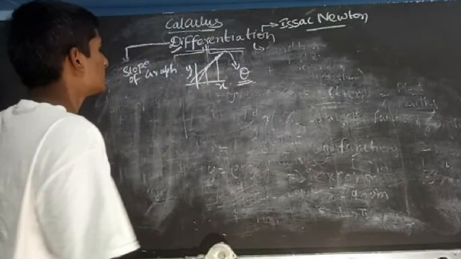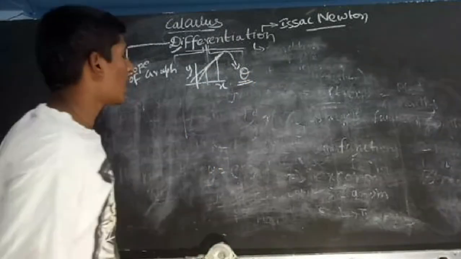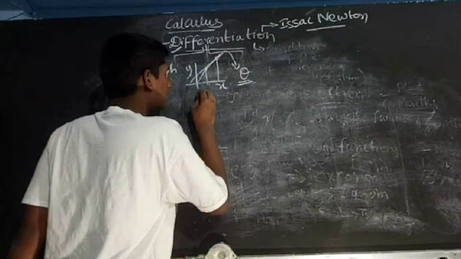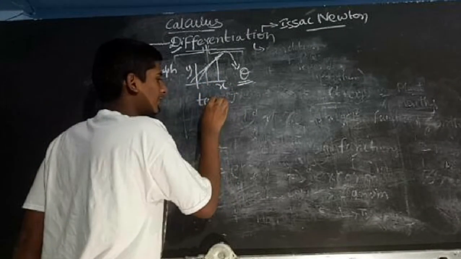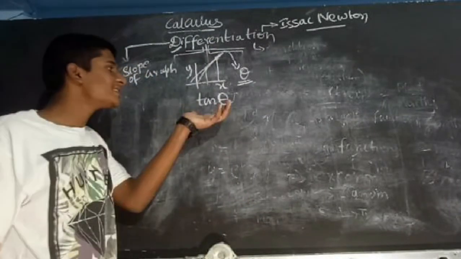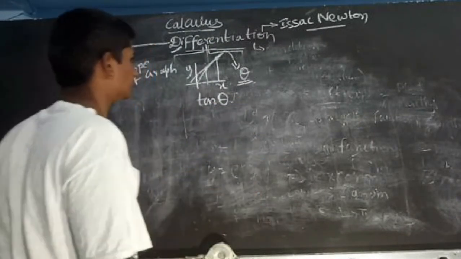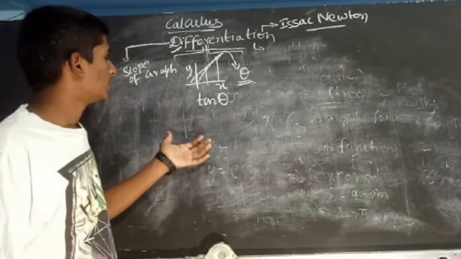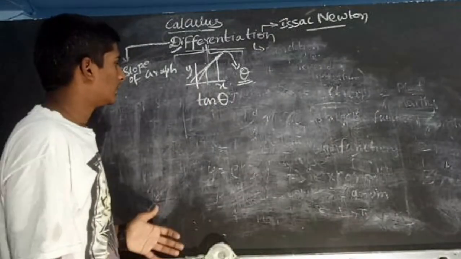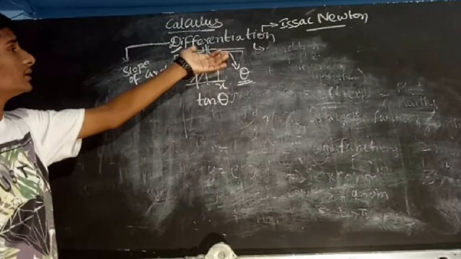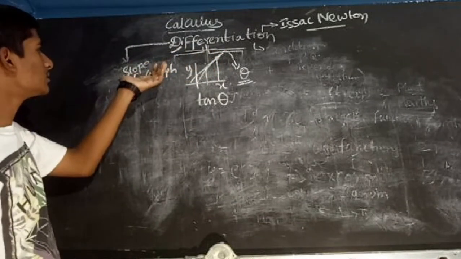We know that the slope is found with a trigonometric ratio, that is tan theta. In maths we have studied this. And here I said that differentiation is also called the slope of the graph.